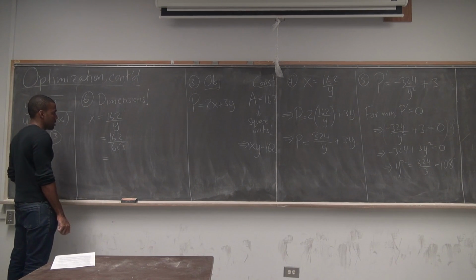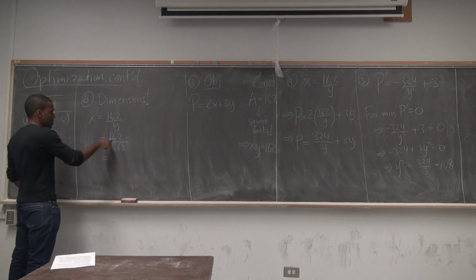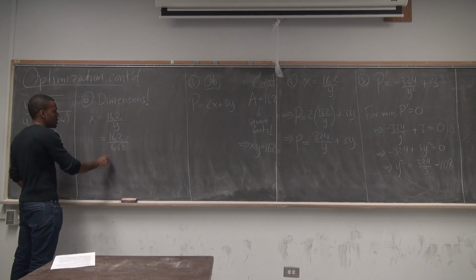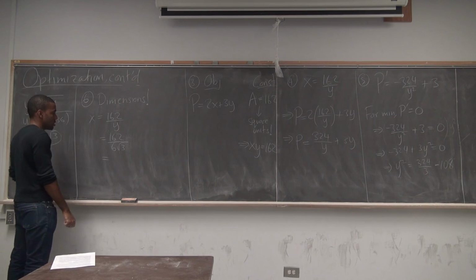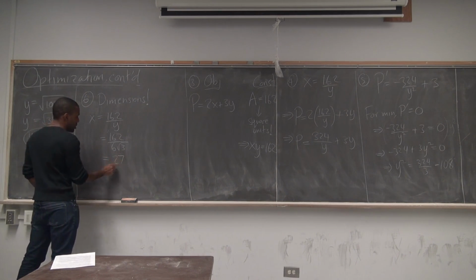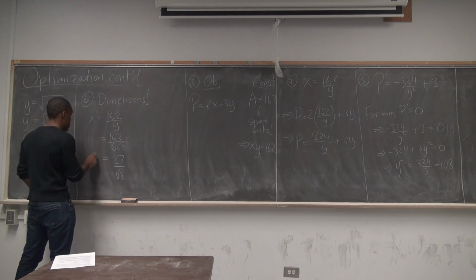But does 6? Six into 16 goes 2 times remainder 4. Does 6 go into 42? I think so. Yeah, it does. 36, 42. Okay. So 27 radical 3.